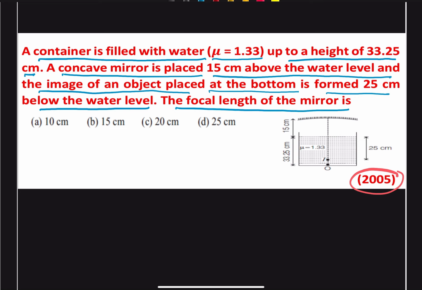So here the total height of the water is about 33.25, and you can say the mirror is placed at a height 15 centimeter above the level of the water, and it says that the image is formed at a depth of 25 centimeter from the top.